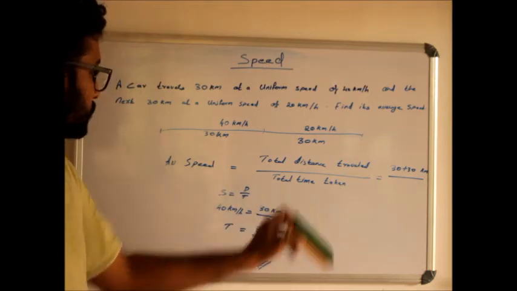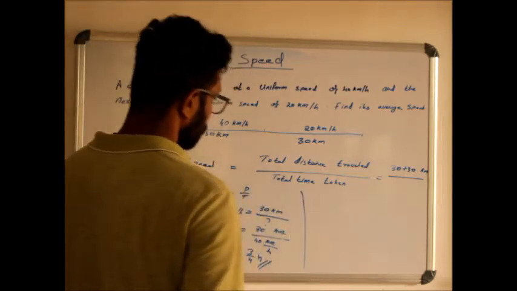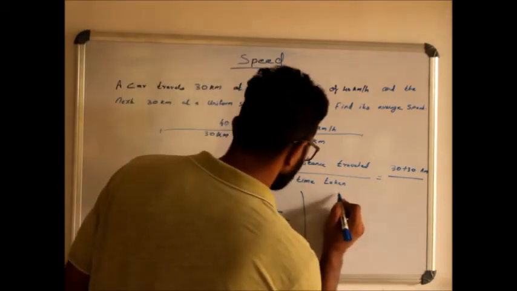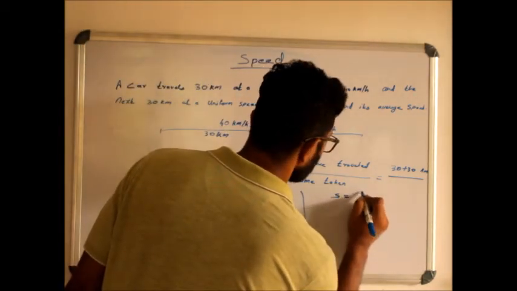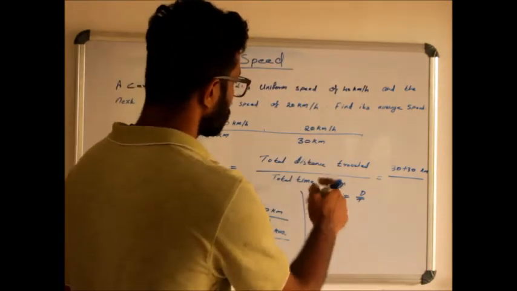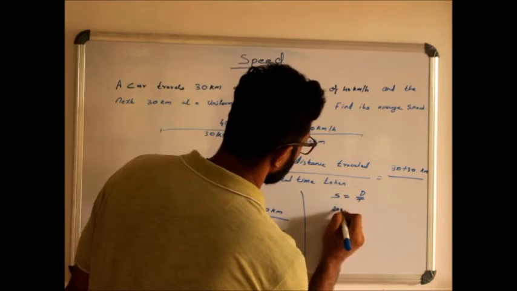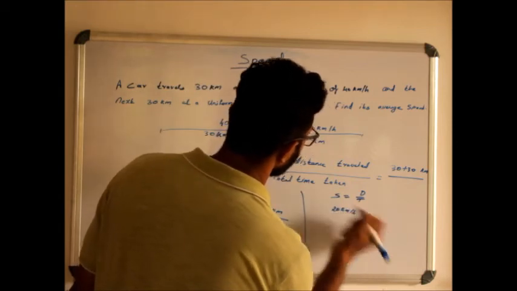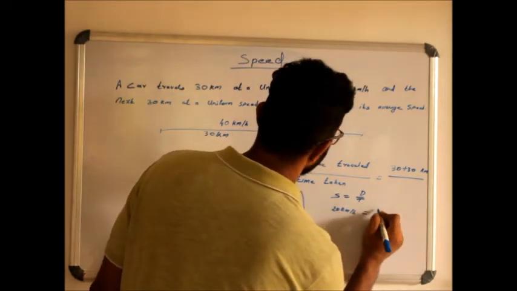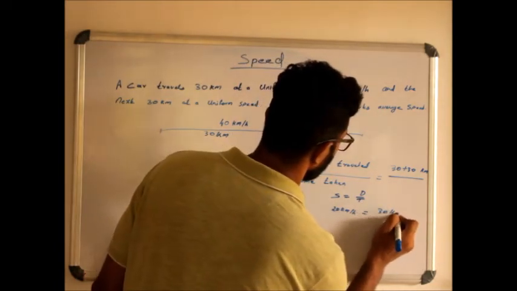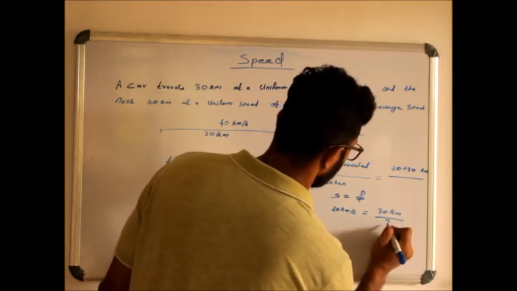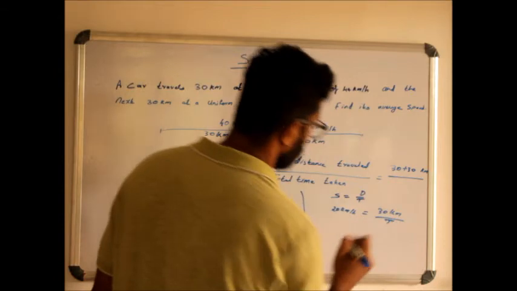Okay, the next case. In this case, speed is equal to distance divided by time. Now, what is the speed? 20 kilometer per hour is equal to 30 kilometer per time. We don't know the time.